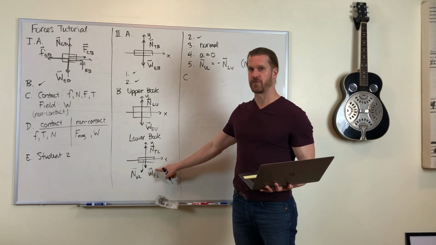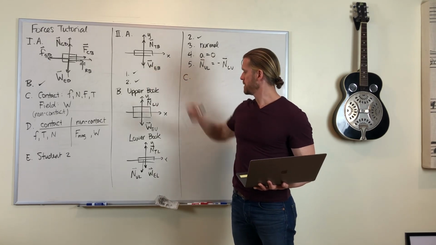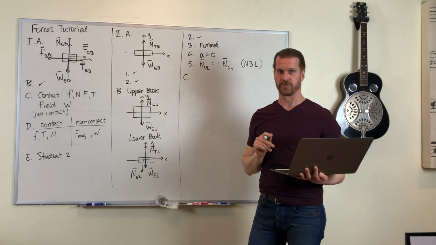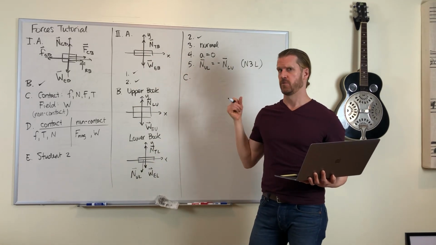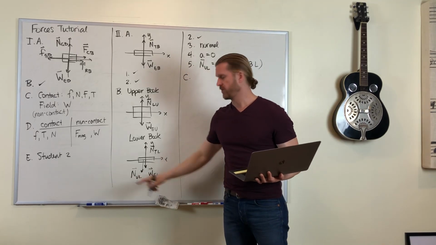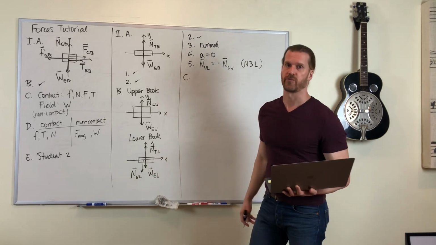So the gravity force on the lower book stayed the same. The normal force pushing upward on the lower book had to increase once you place the upper book on top of it. And there's a third force that appeared, the normal force between those two books.